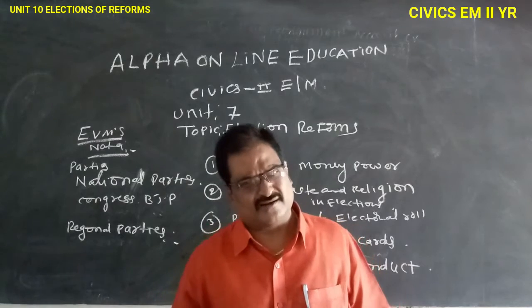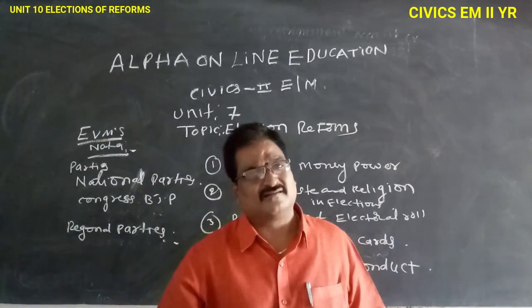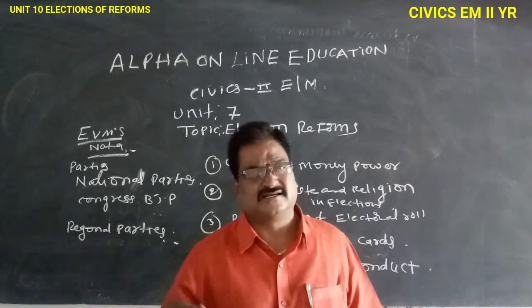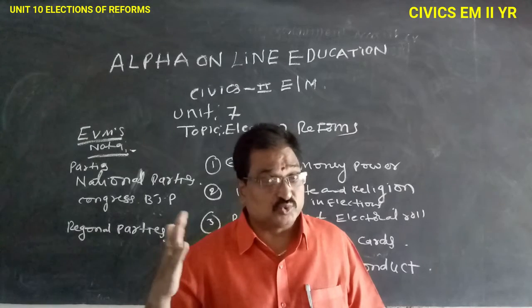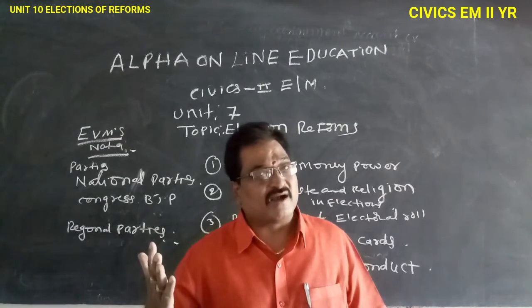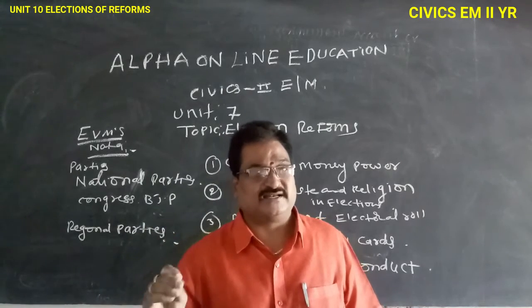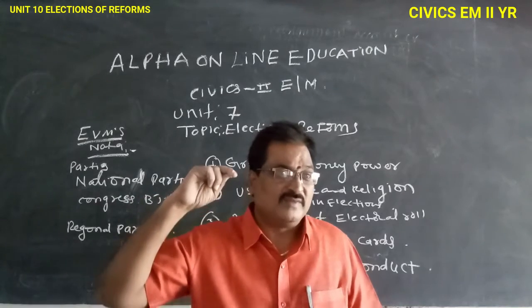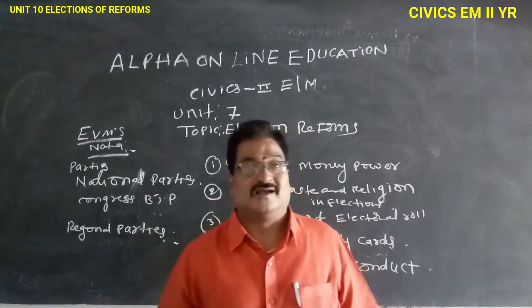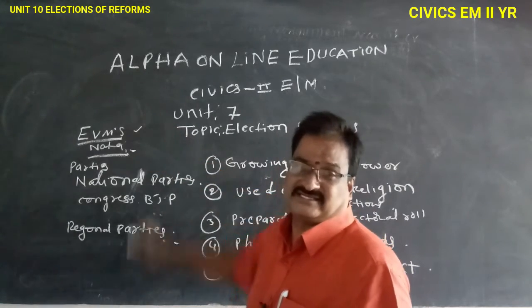If the voter presses the button at the booth, he gives his vote to the party of his choice at the time he presses the button. So the EVMs replaced the ballots.